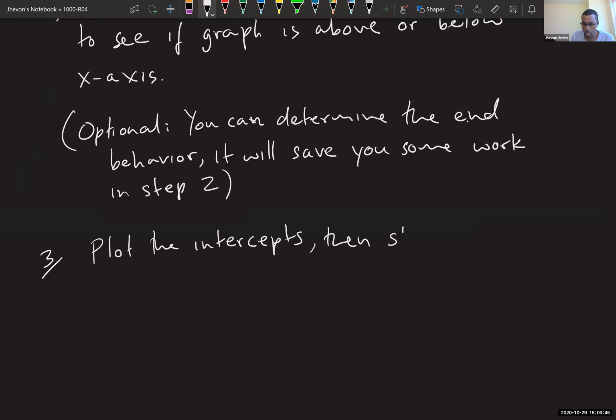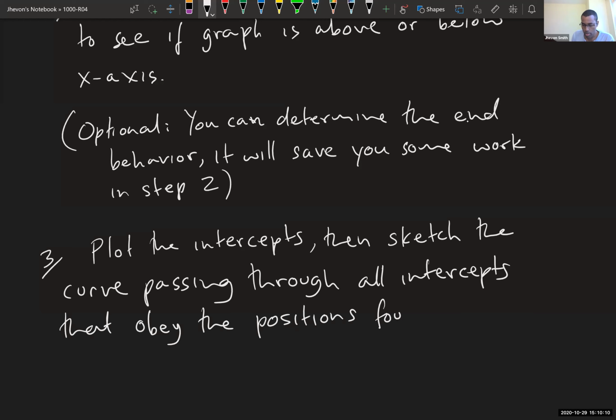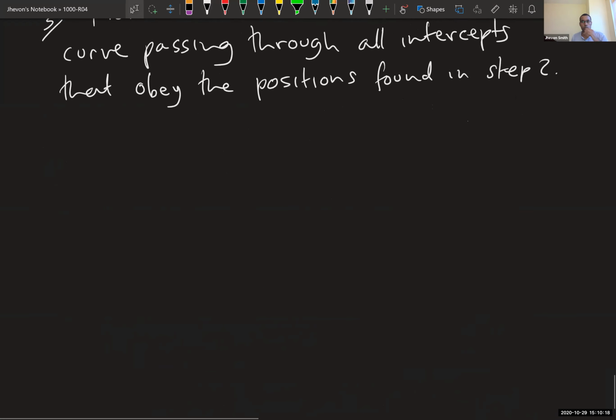Then what you do is you sketch the curve passing through all intercepts that obey the positions found in step 2.